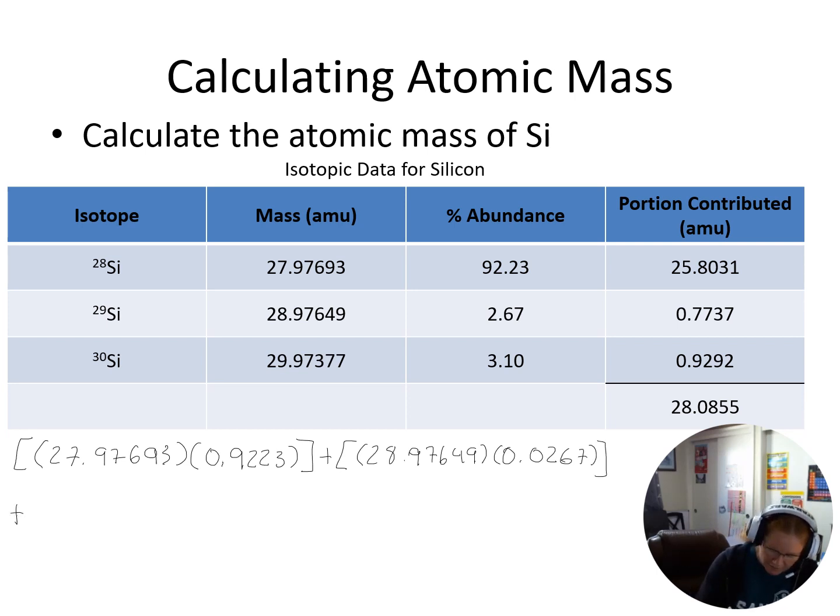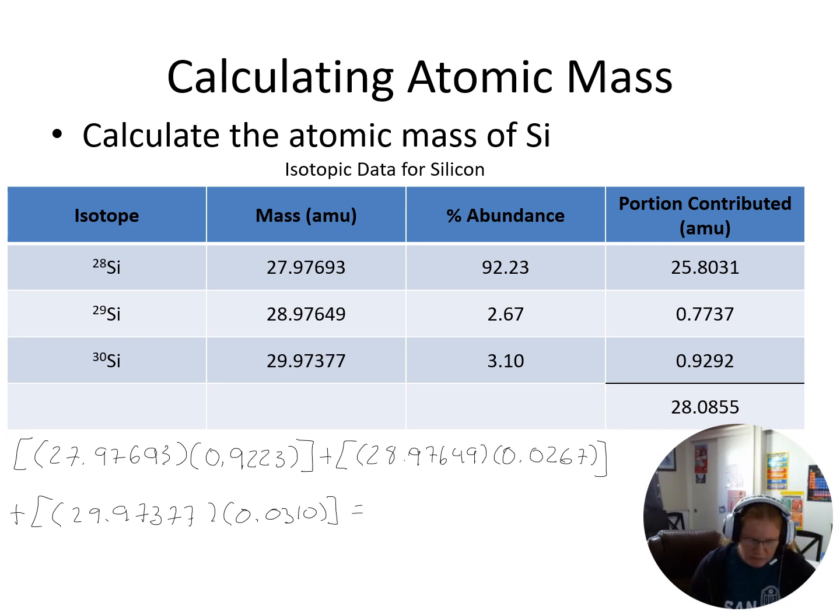And then add to that the last one, 29.97377 multiplied by 0.0310. And that gives me 28.0855. Now, most periodic tables round the masses off to 4, maybe 5 significant figures.